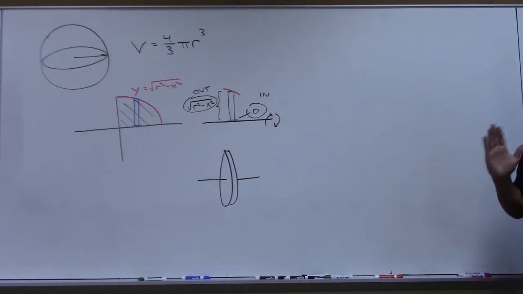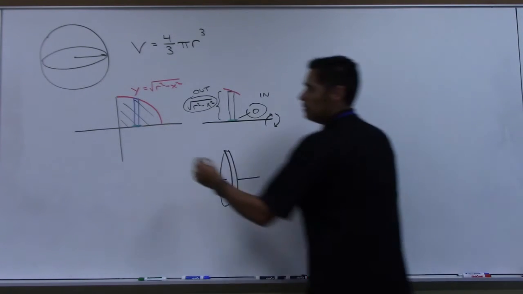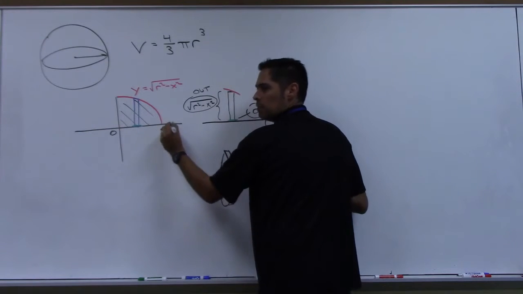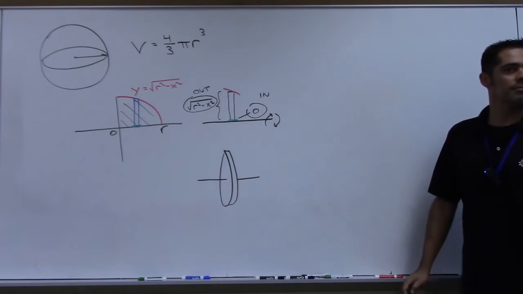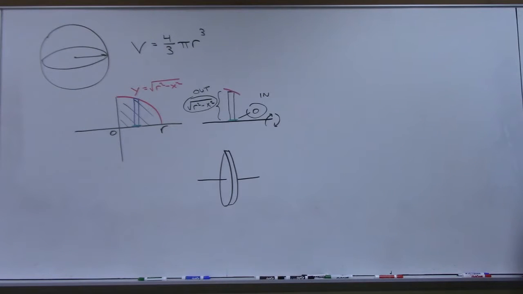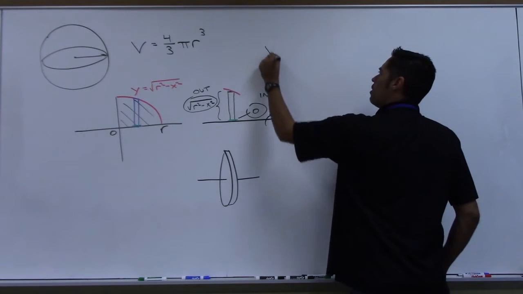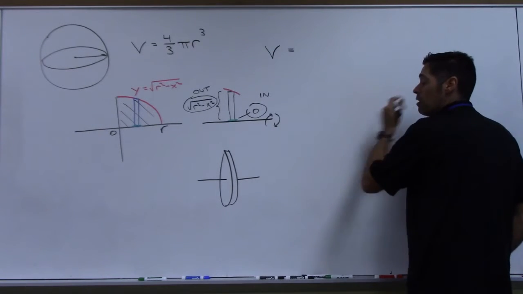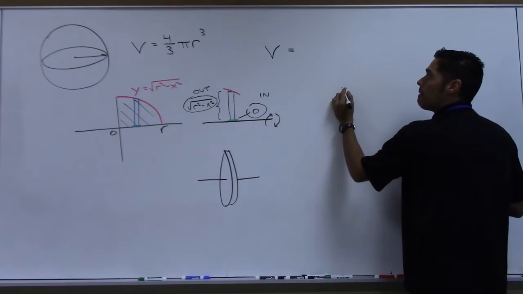Now, we do need the limits of integration, though. Where are we going to integrate from? 0 to that point, r. It's the radius of the circle, isn't it? So we have it. It's the volume of this. We'll double the answer at the end. The volume of that is what?